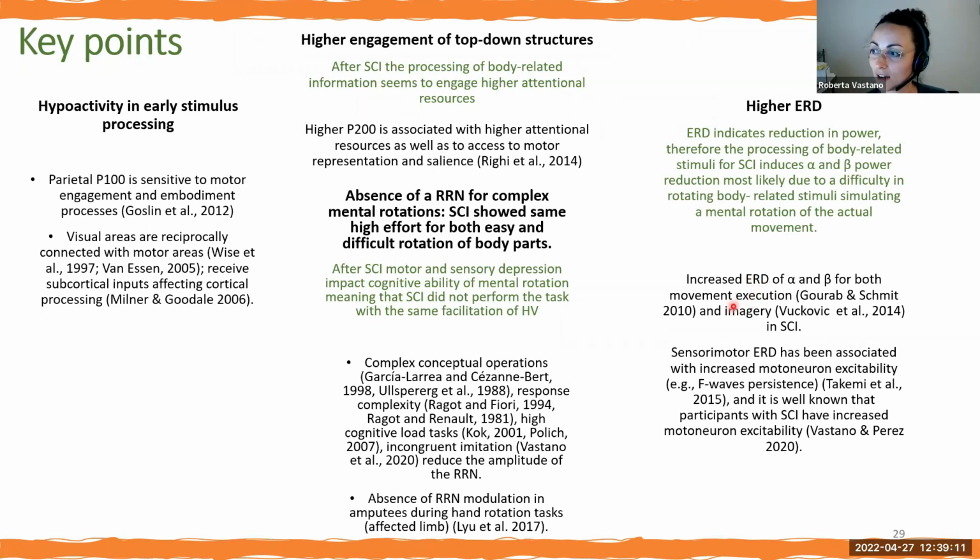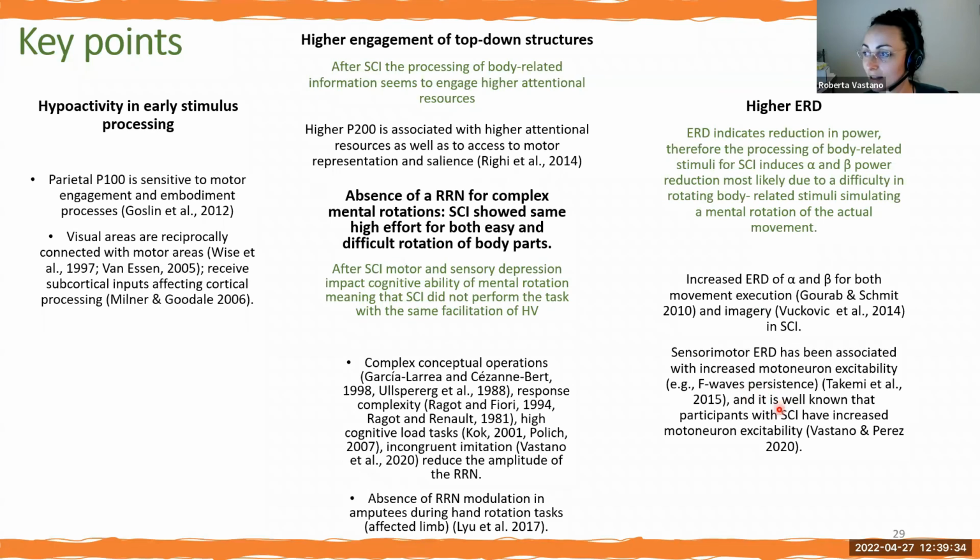Indeed, it has been found already in the SCI population that there is an overall increased desynchronization of alpha and beta for movement execution, as well as during motor imagery. And higher desynchronization has also been associated with motor neuron stability, like halfway amplitude and persistence.